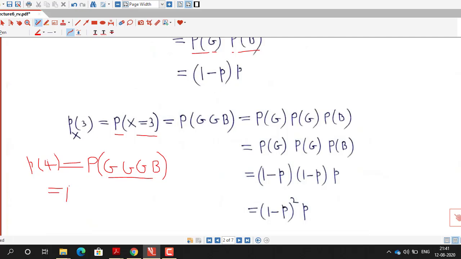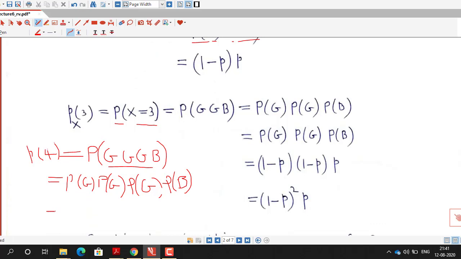Now again all these are independent events, so this is P of G into P of G into P of G into probability of B. Now the probability of G is 1 minus P, and we have 1 minus P 3 times, so it is 1 minus P raised to 3 into the probability of a boy, that is P.